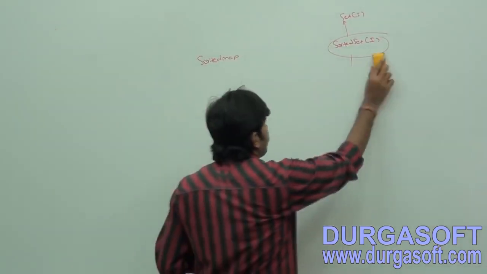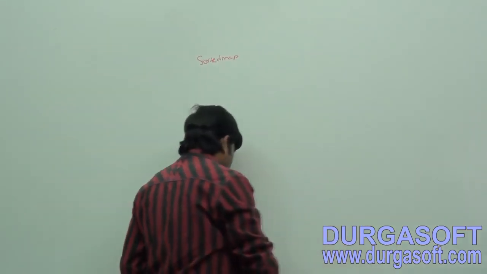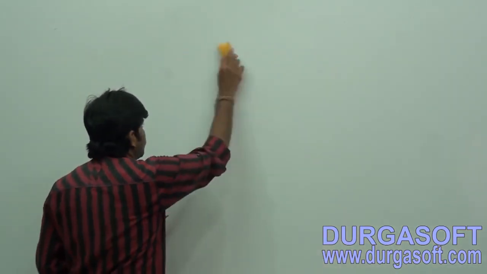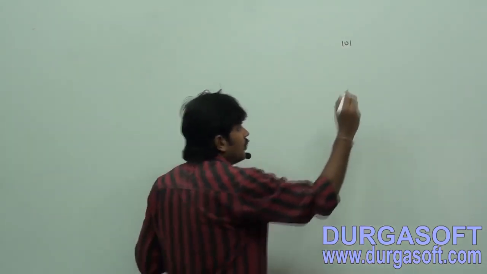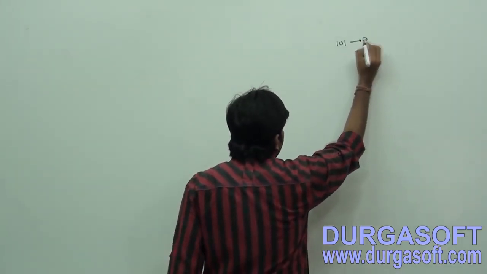Suppose, just observe, it is my key value. It is my map object, right? Now observe 101, some A I am taking.